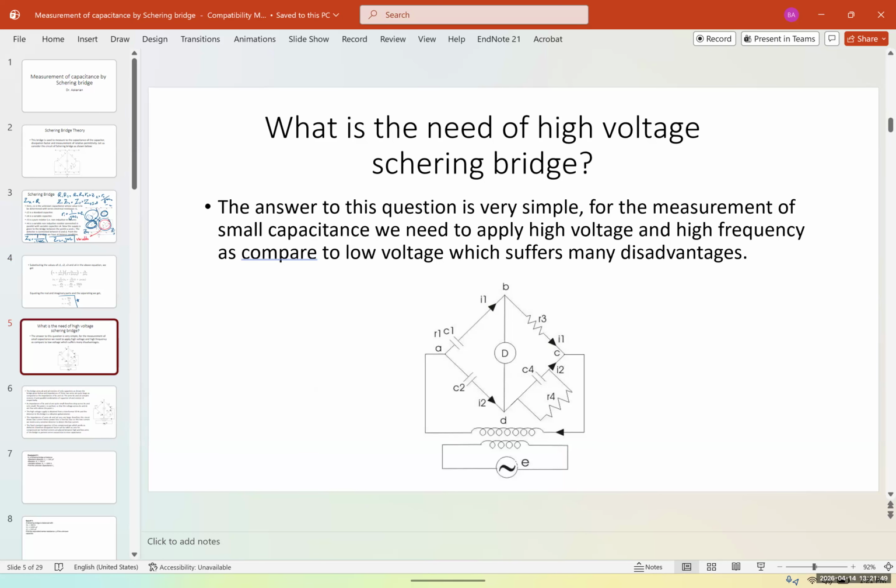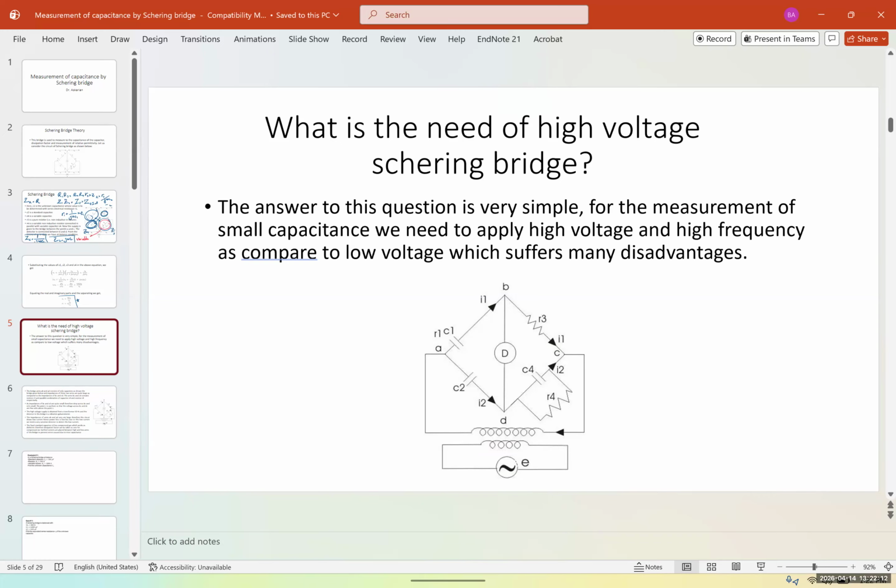Now, in a Schering bridge, we usually use high voltage and high frequency. The reason is because these capacitors, first of all, are very sensitive and have small capacitance. And when you have a small capacitance, you need high voltage to be able to measure it.